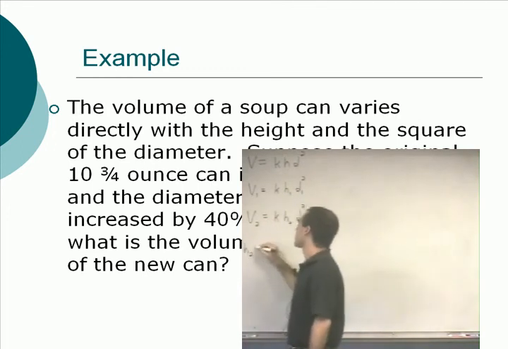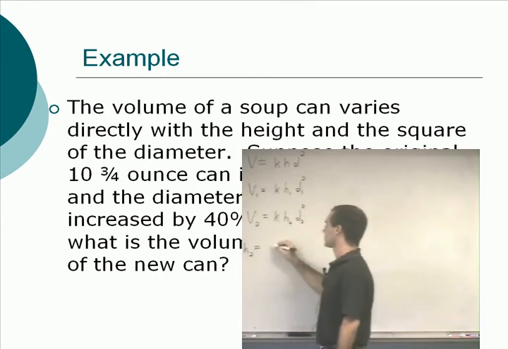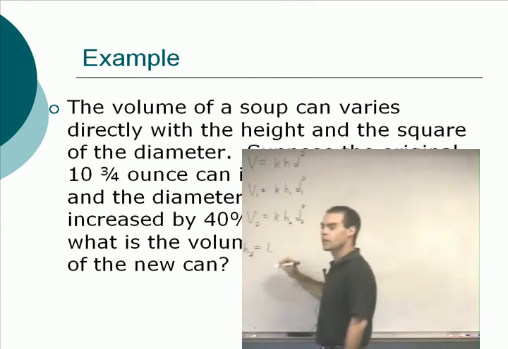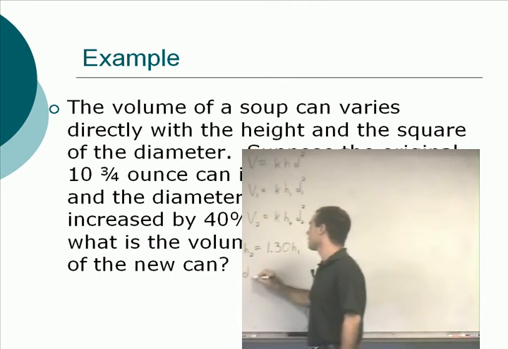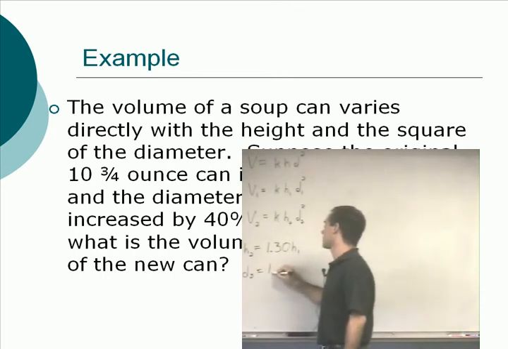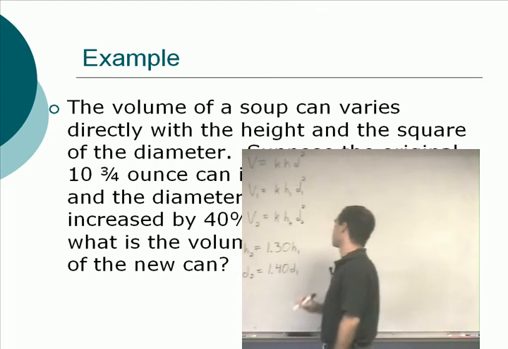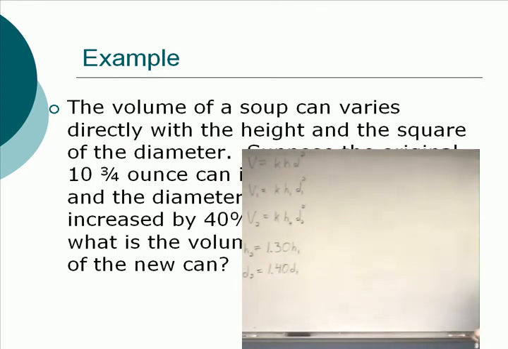Now, how does the new height compare with the old one? 1.30 times the original. And the new diameter? 1.40 times the original. We're told what the relationship is and how those two change, height and the diameter change.